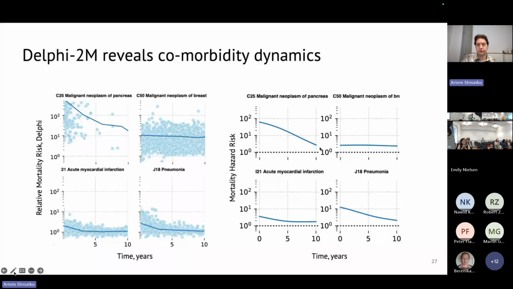That is also observed here. But for myocardial infarction, it is also present, but the drop is much steeper and the initial risk is also much lower.